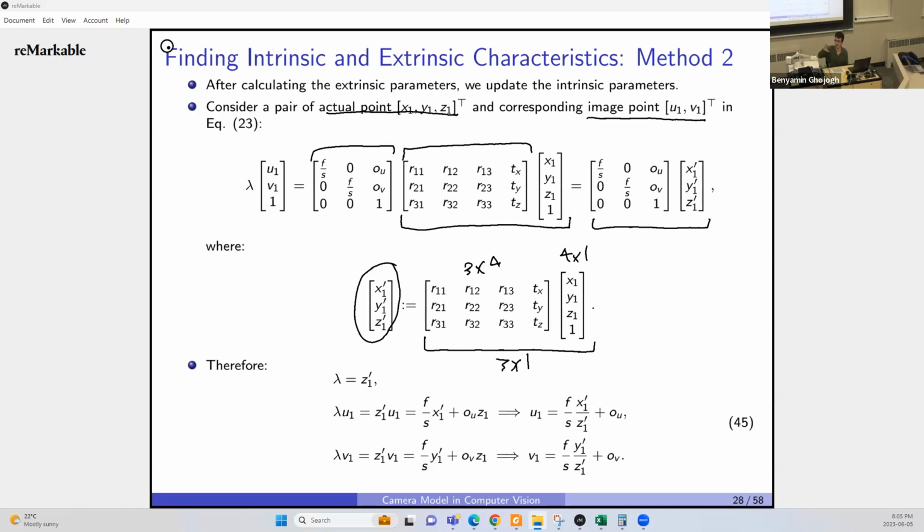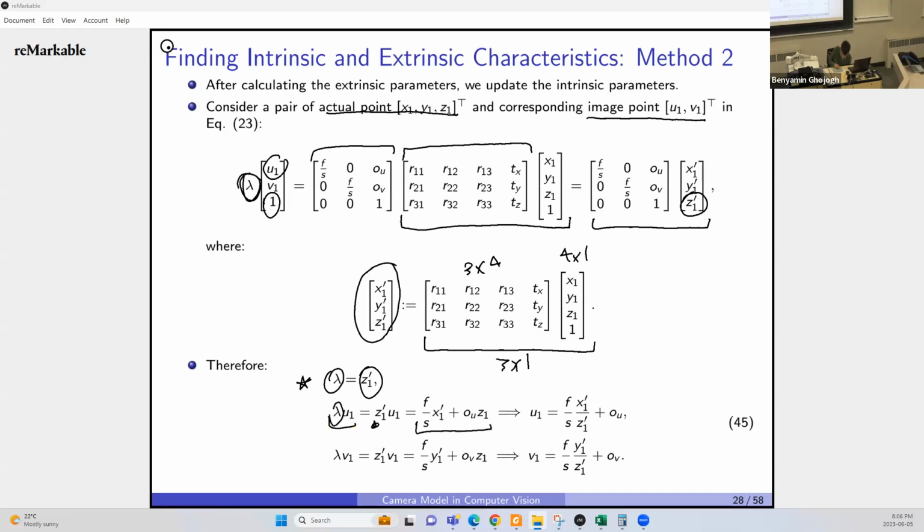Again, we can write a system of equations. As you see, we have a lot of system of equations in camera model. So lambda times 1 equals z prime. Lambda is found. Then we also know lambda u1 equals this.